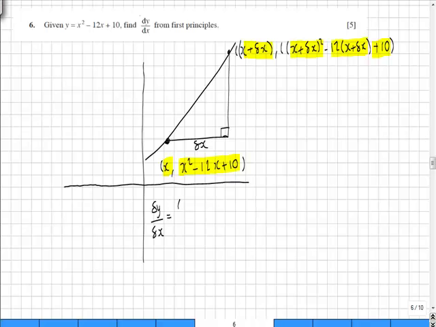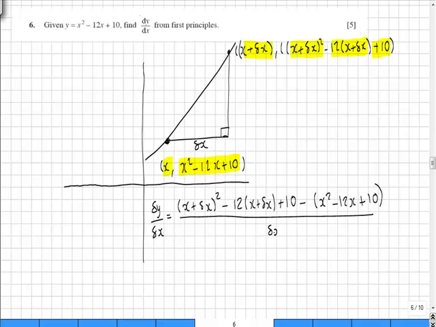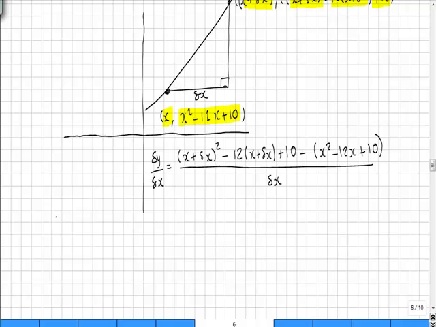So change in y would be x plus delta x squared minus 12 times x plus delta x plus 10 minus x squared minus 12x plus 10, all over our small movement across the x-axis, delta x. The next stage obviously is to expand the numerator out.